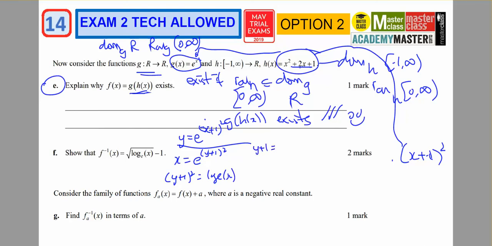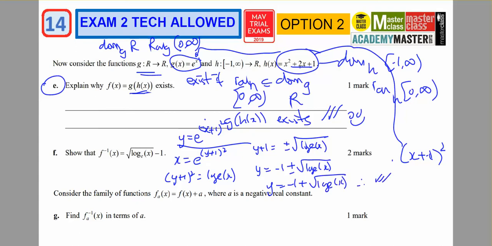Y plus 1 equals plus or minus the square root of log base e of x. So y equals -1 plus or minus the square root of log base e of x. However, because of the restricted domain and range, I only take the positive square root. Therefore, shown.